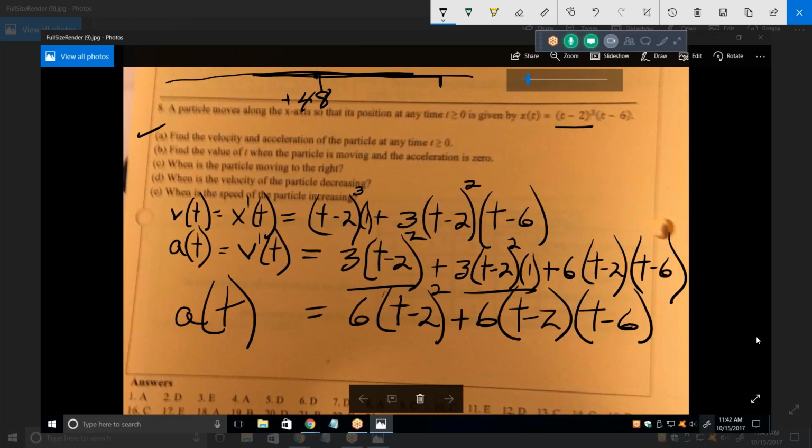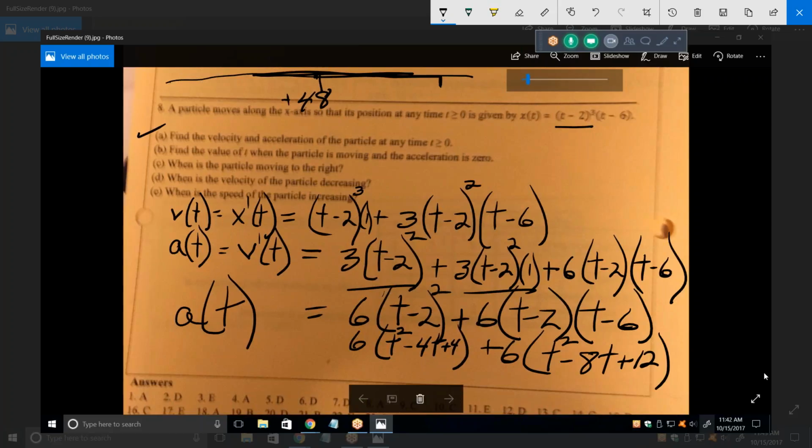Well, now I'm going to have to make that a quadratic. Not as hard as it looks here. It's t squared minus 4t plus 4 plus, I multiply those two together, I'm going to get t squared minus 8t plus 12.